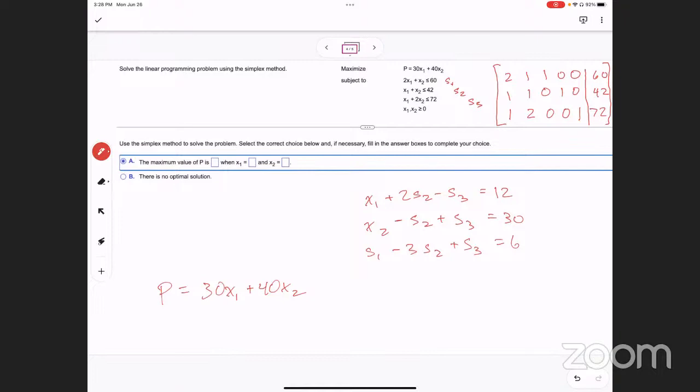How do we select the pivot element? It says locate the most negative indicator in the bottom row of the tableau to the left of the P column. The column containing this element is the pivot column.